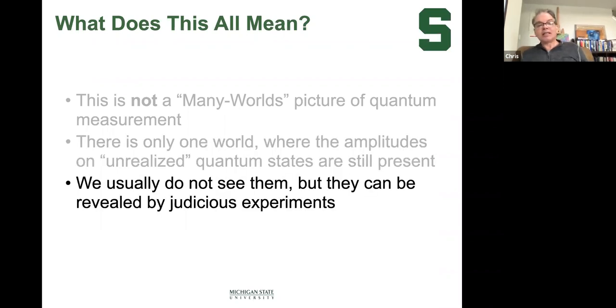We don't normally notice that there are these unrealized quantum states that are still there, but they can actually be revealed by judicious experiments. Clearly, the one I just showed you did that. It showed you, when I was telling you that the coherence was resurrected, it's because these amplitudes were there all the time. You can find them if you look hard enough.